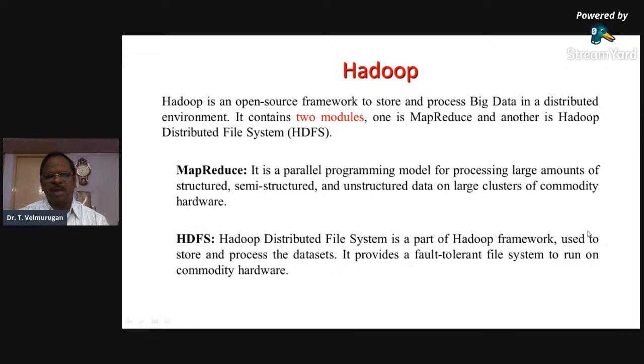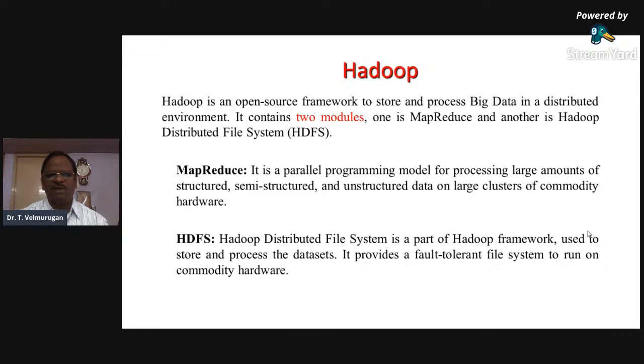Hadoop is used to store and process big data in a distributed environment, also in a parallel environment. The Hadoop framework contains two modules. One is MapReduce and another one is HDFS, Hadoop Distributed File System. There are exactly two components available in Hadoop software.